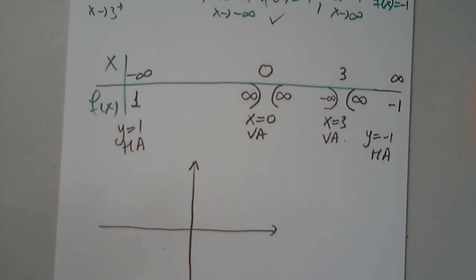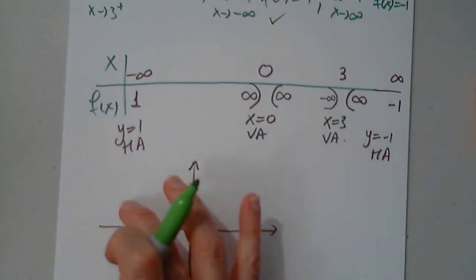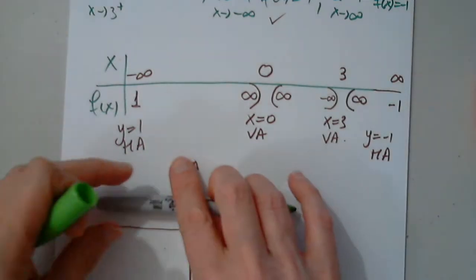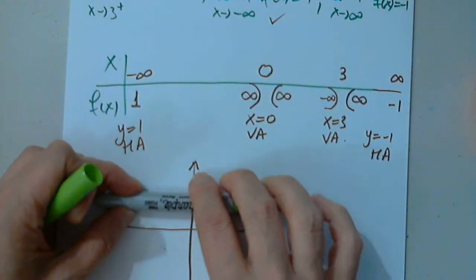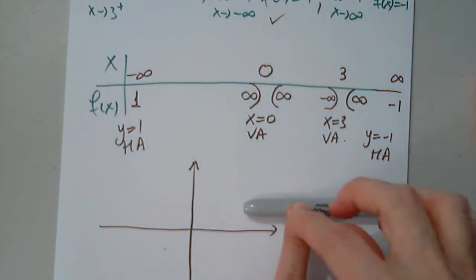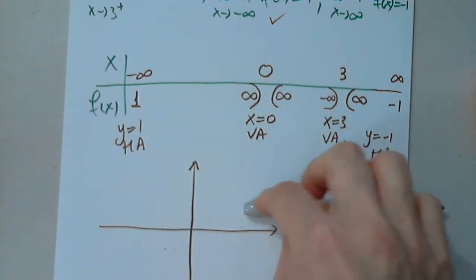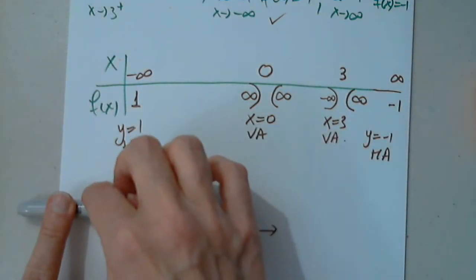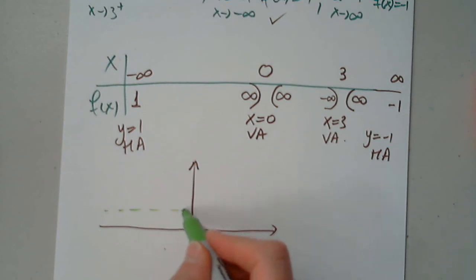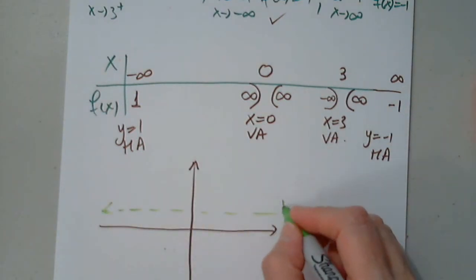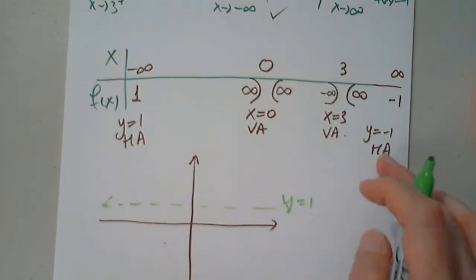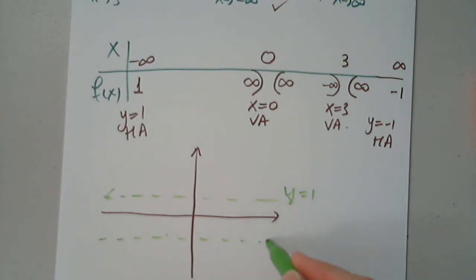Okay. I will start with this. I cannot just show one side of a line. If this is a line, I cannot just show this piece here or here. I have to show the whole thing. So this is y equals 1. Also, y equals negative 1.